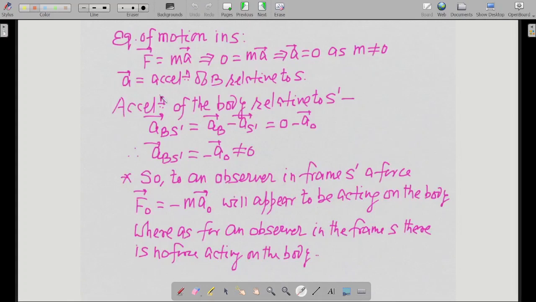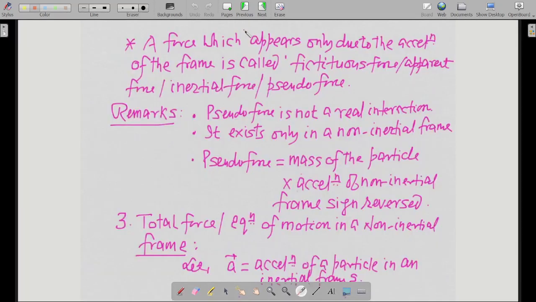So the acceleration of the body relative to S prime is there. So F naught equal to minus m a naught will appear to be acting on the body, whereas for an observer in the frame S there is no force acting on the body. A force which appears only due to the acceleration of the frame is called fictitious force, apparent force, inertial force, or pseudo force. You had clearly seen that the frame S prime itself was moving in the rightward direction with a constant acceleration a naught.